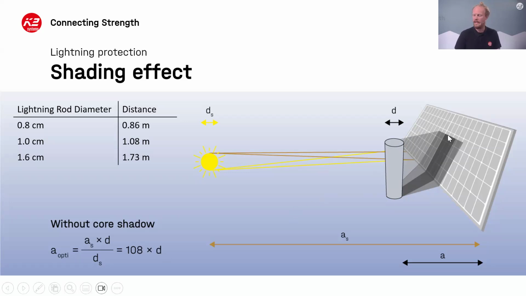This is referred to as the core shading, which is this middle point here. Depending on your lightning rod thickness, you can take either of these values here, but I also think the ratio of 108 times the diameter is a pretty simple one to follow.